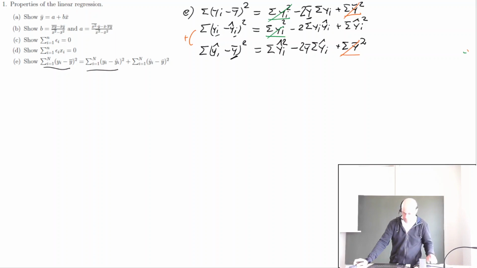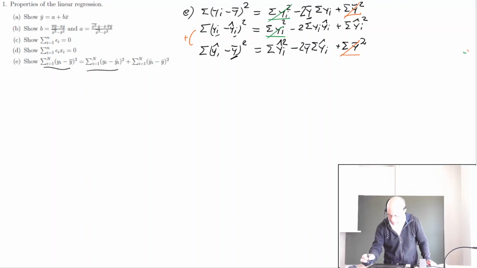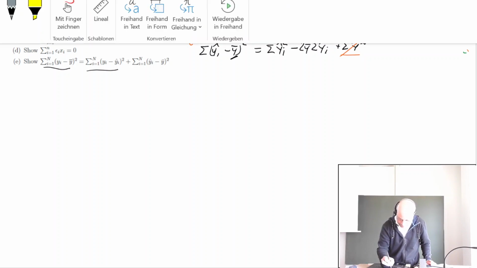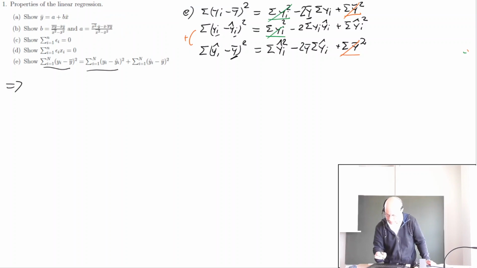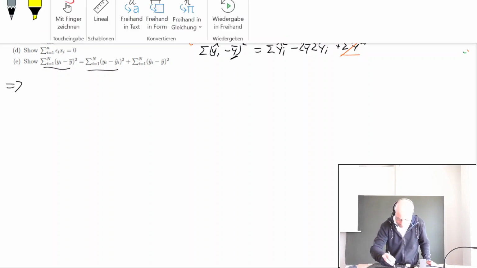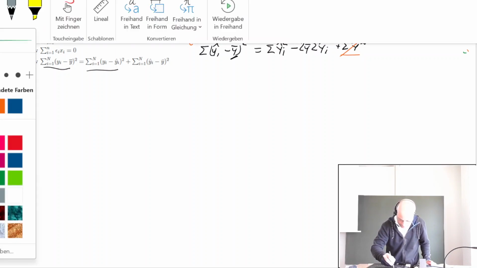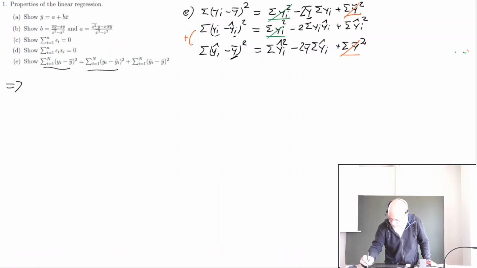So what else do we have? That we then are left with on the left side minus, oh, here, y hat, of course. Let's take it in blue.